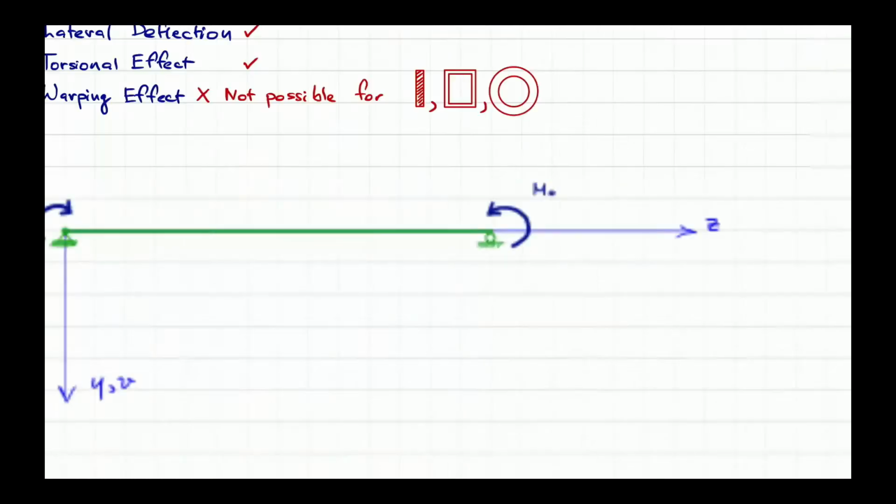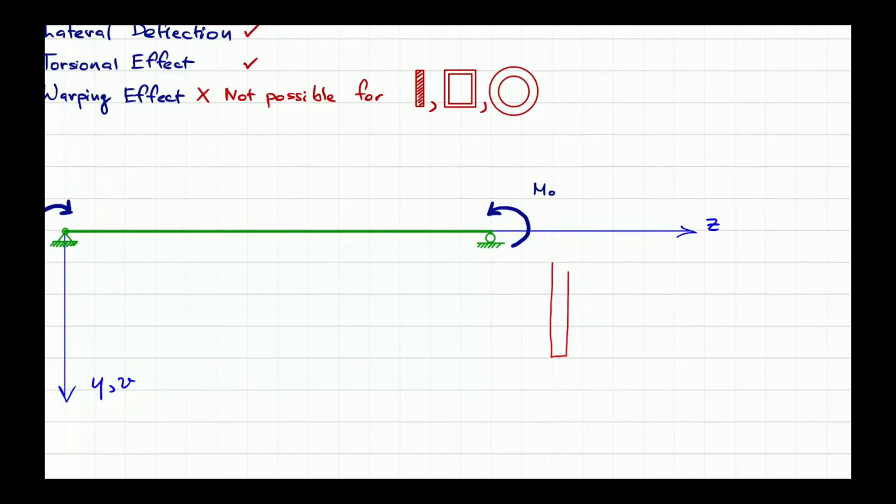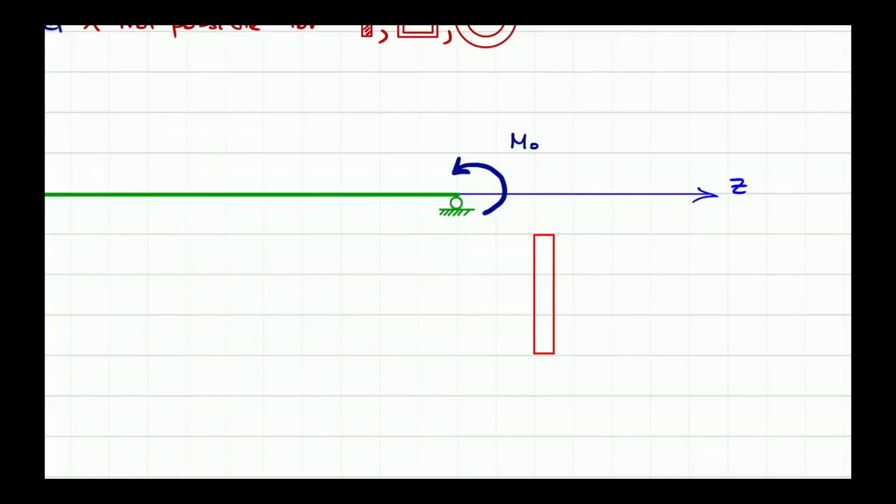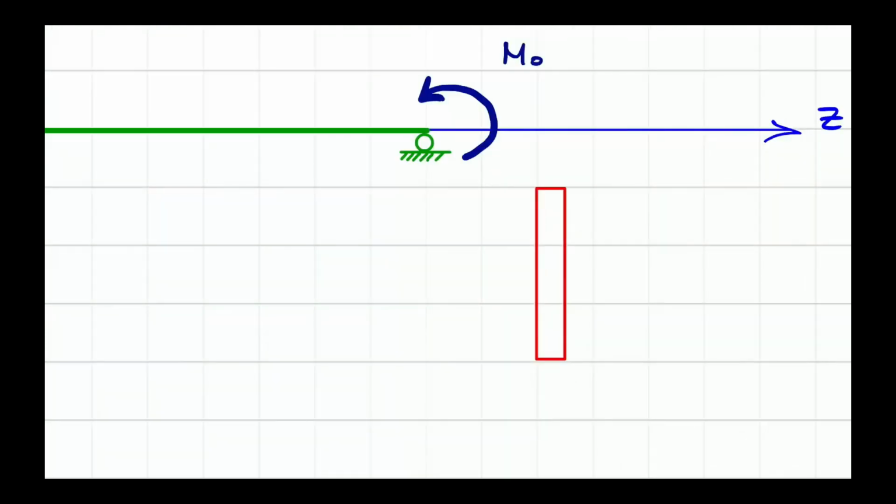So over here, let's take a look. We have this cross-section. I would like to just explain it over here to make sure that you will not put the wrong thing into this calculation.